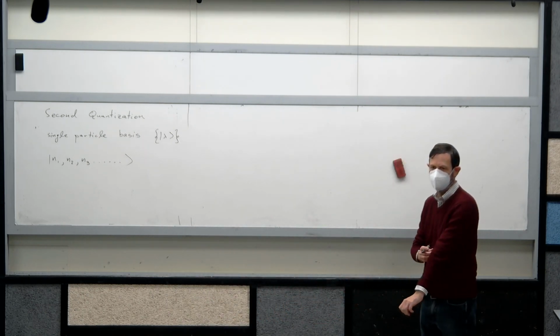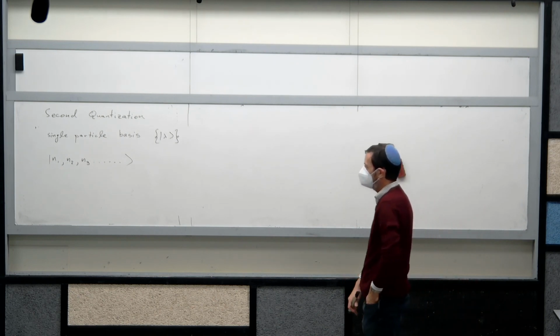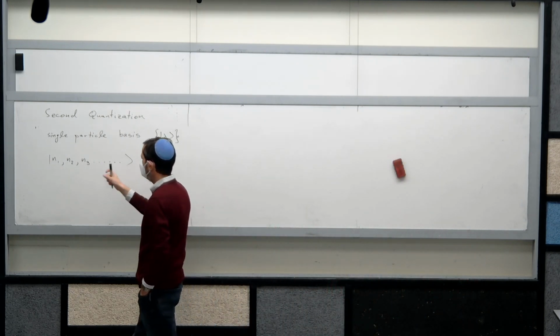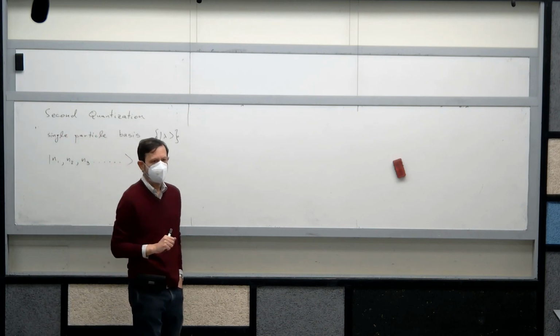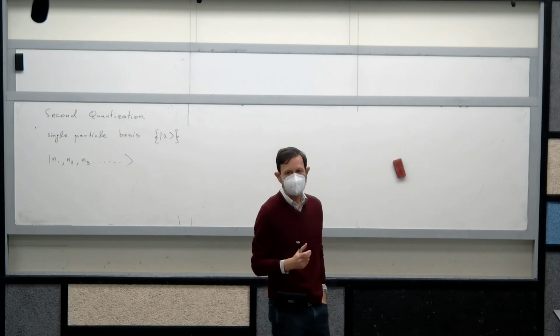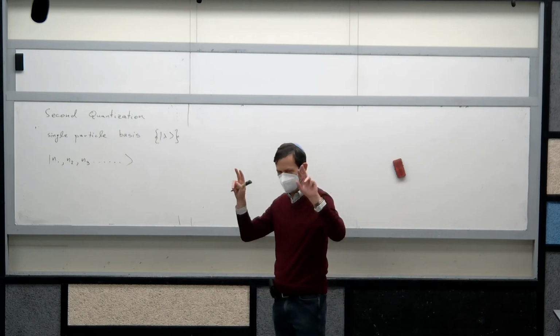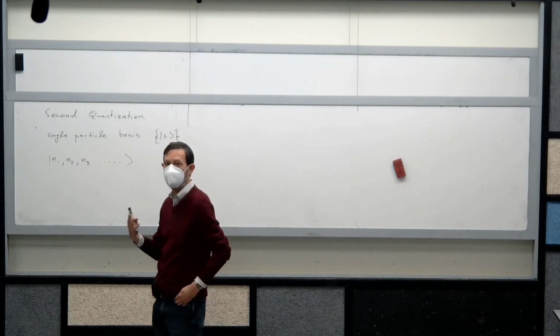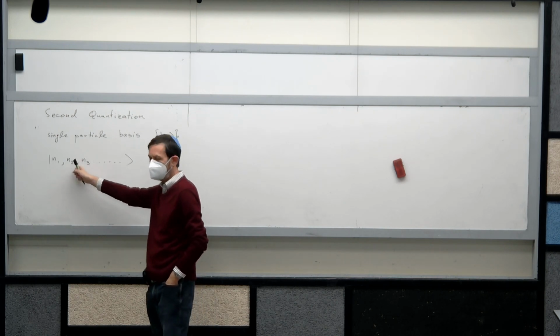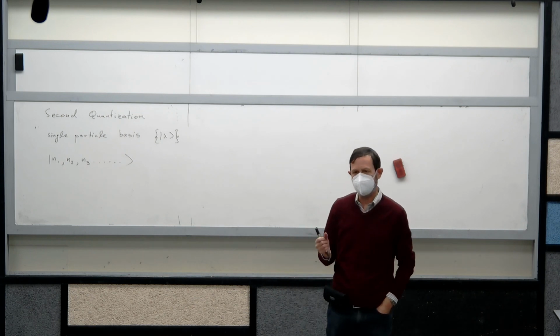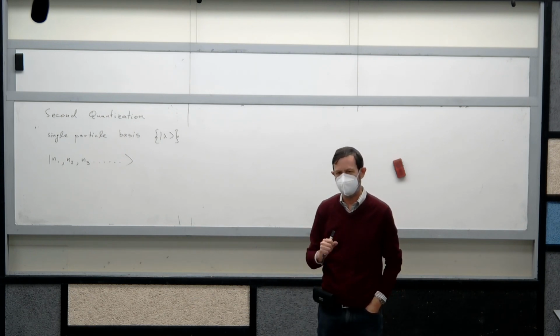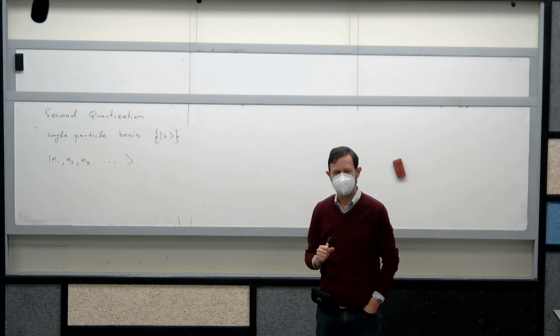Okay, what else did we see? We saw that basically, can someone tell me what, in this type of representation, if I have only one particle, how do the basis states look like? 1 and 0.